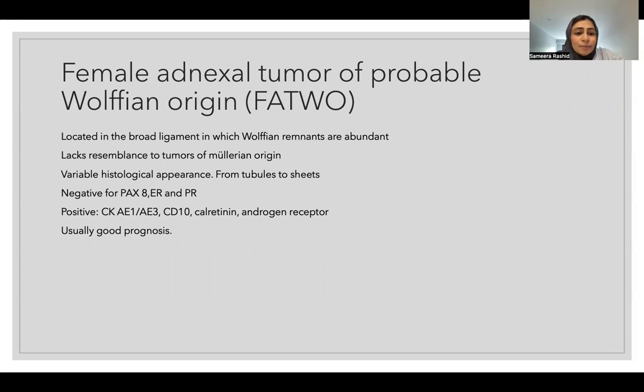And it is located in the broad ligament, and lacks resemblance to tumors of Mullerian origin. See, there are no cilia, there are no endometrial glands. So it looks very different from the Mullerian tumors. And it has a variable histological appearance. Another important thing, this usually has a good prognosis. So all the more reasons for you to learn embryology and try to find this lesion.